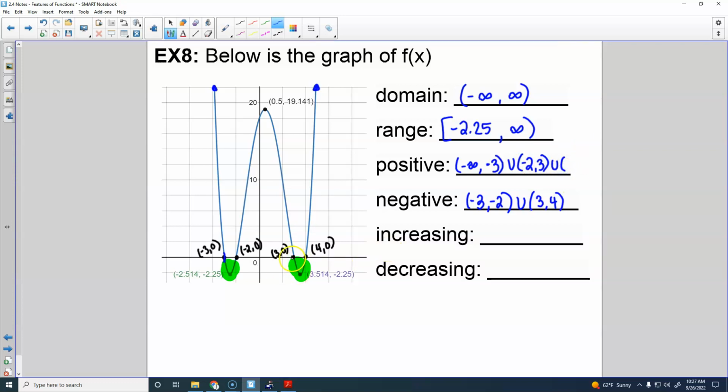And then from 3 to 4, the graph is negative. And then 4 to infinity. Okay, questions there?